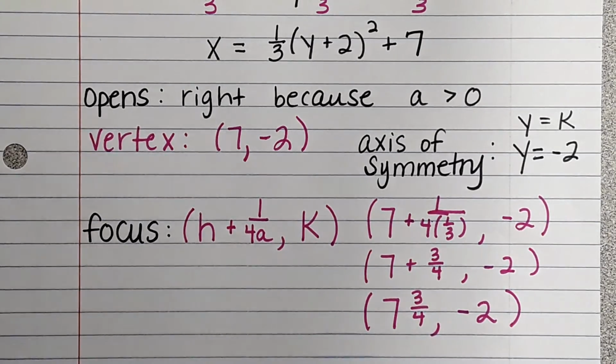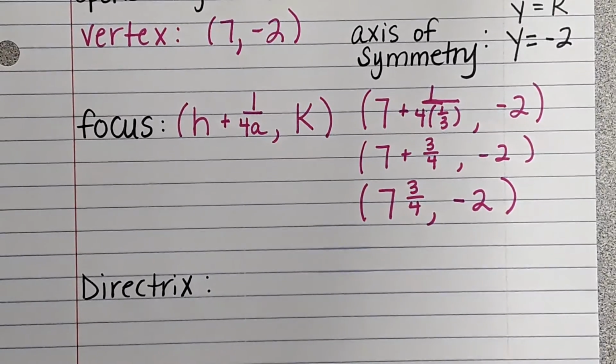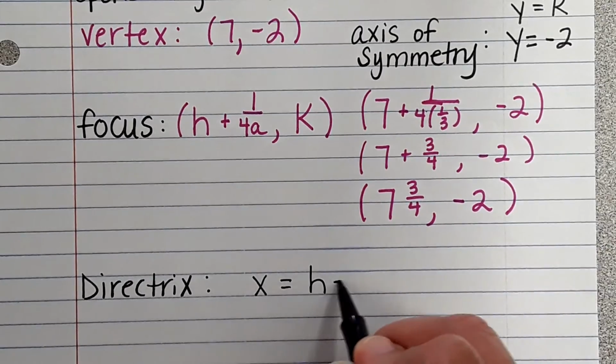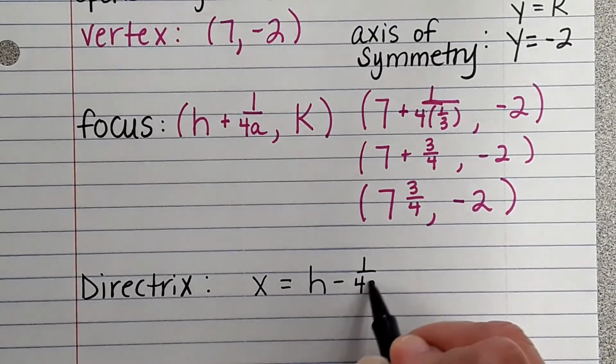And then the last thing we're going to find is the directrix. Again, you guys, the directrix is a line. And yesterday, our directrix was y equals k minus 1/4a. Today, it is x equals h minus 1/4a.